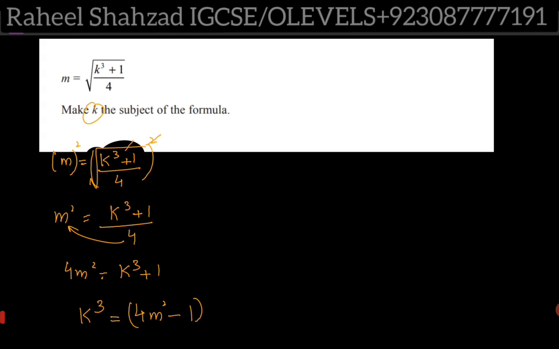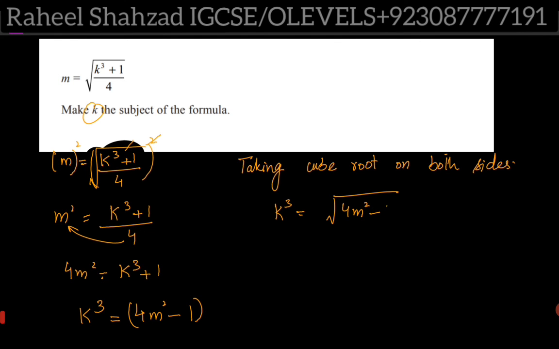Now just the way you removed square by taking square root on both sides, in this case we'll have to take cube root on both sides in order to remove the cube. So k cube is equal to 4m square minus 1, and we take cube root.